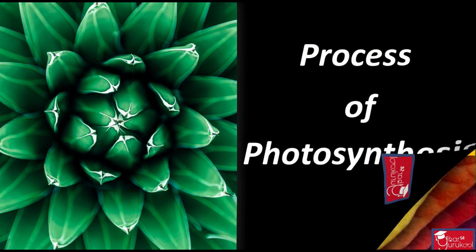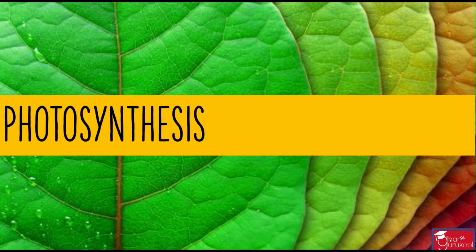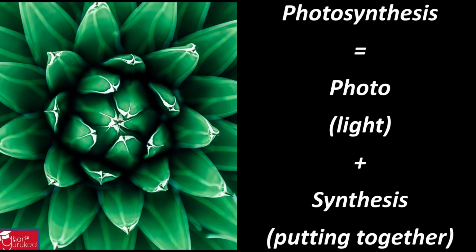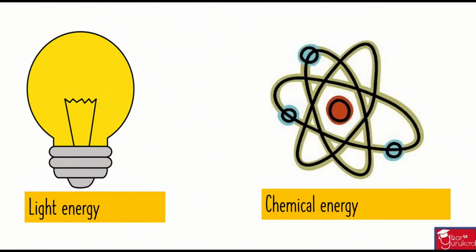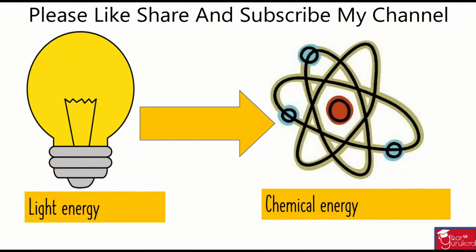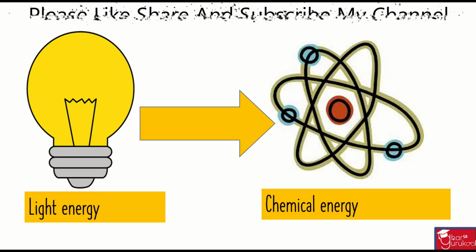And the word photosynthesis is made by putting two words together. Photo means light and synthesis means putting together. It is a process wherein light energy converts into chemical energy.